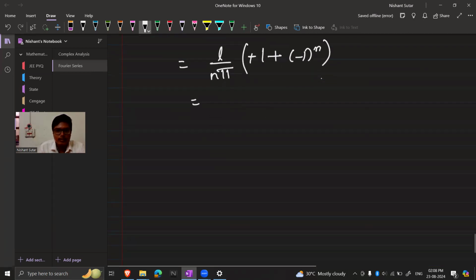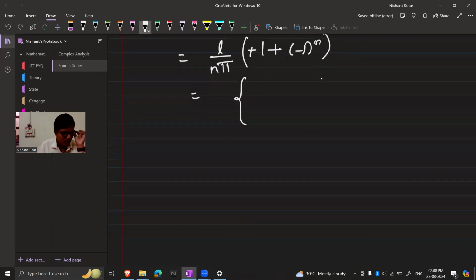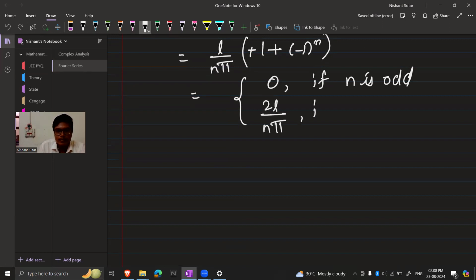Notice that this will be 0 if n is odd, and if n is even, it is 2L upon n pi.